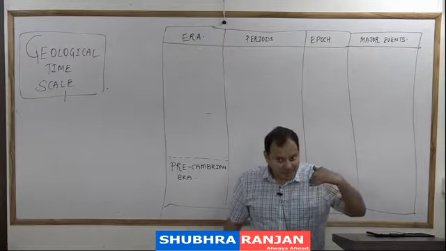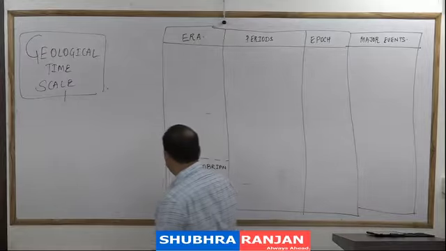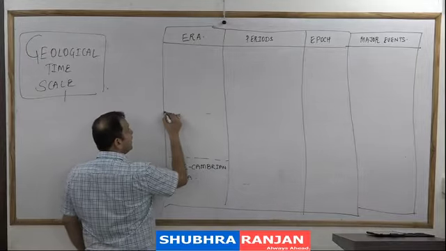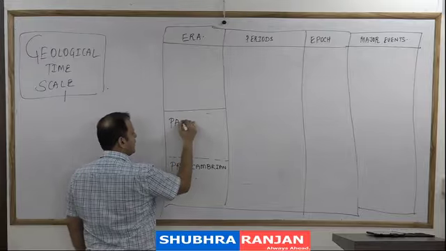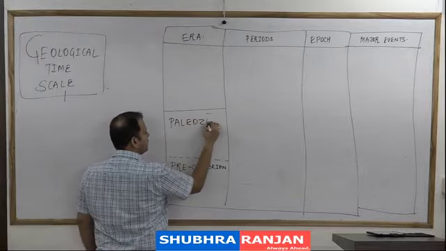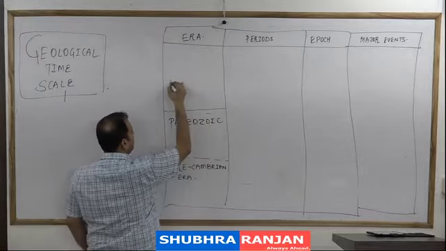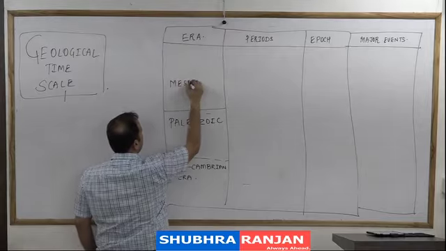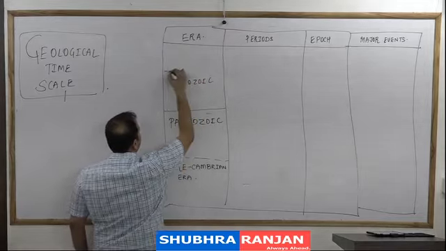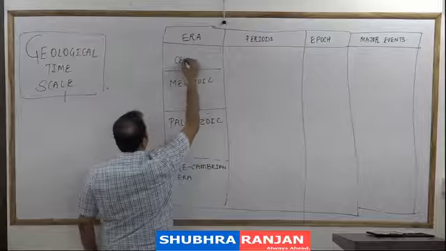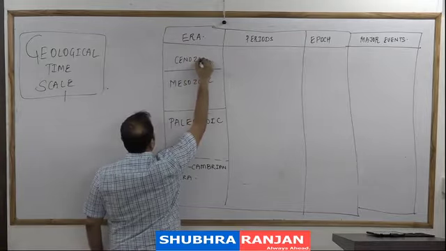उसके बाद, it is very easy to understand. We divide the eras into pre-Cambrian era, then Paleozoic era, after that Mesozoic era, and after that Cenozoic era.